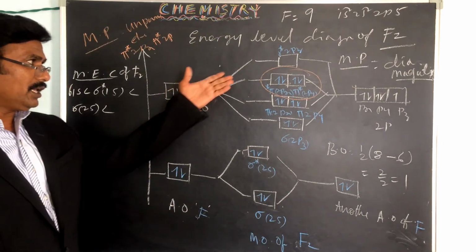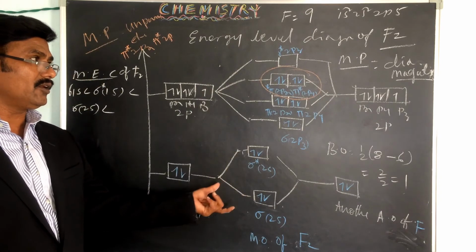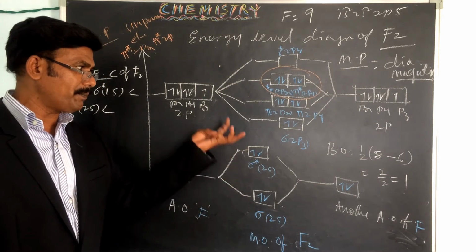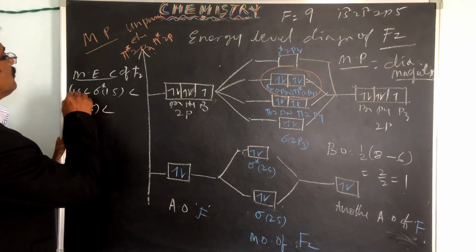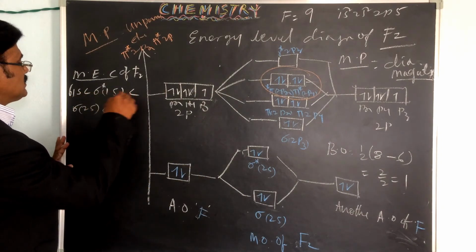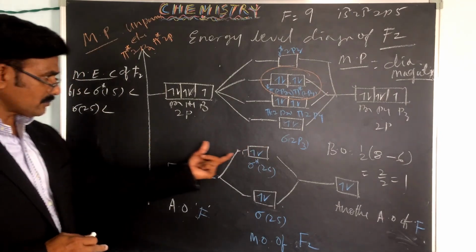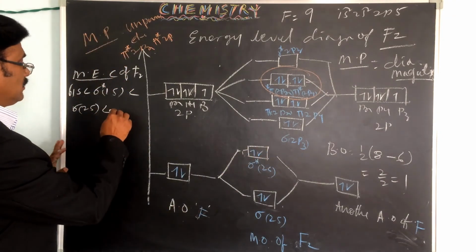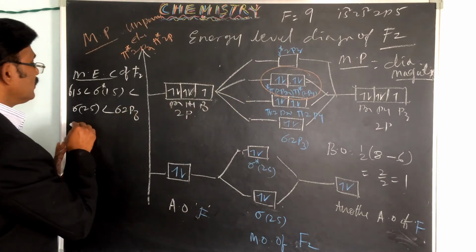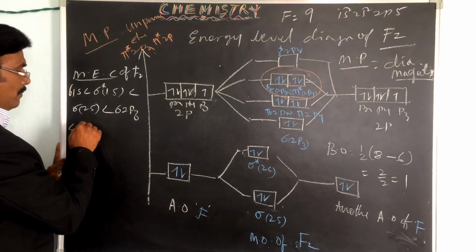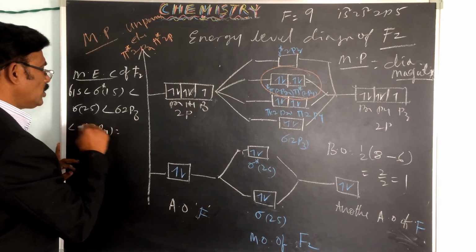If you know very well the drawing of this energy diagram, we can know the bond order, property, and energy increasing order level. So sigma 1s, sigma star 1s, less than sigma 2s, is less than which one? Sigma 2pz. Then less than pi 2px, pi 2py, both are equal.